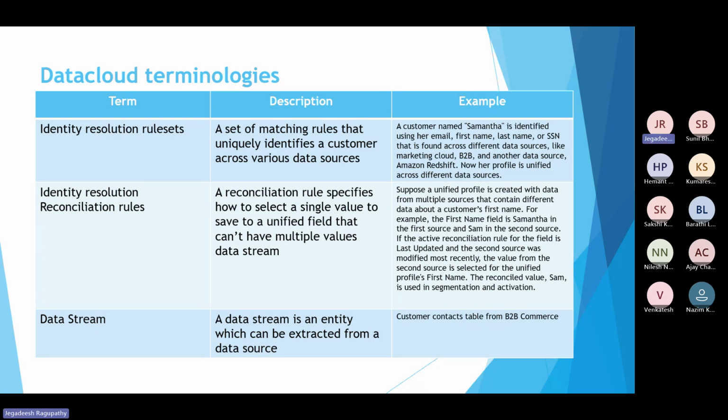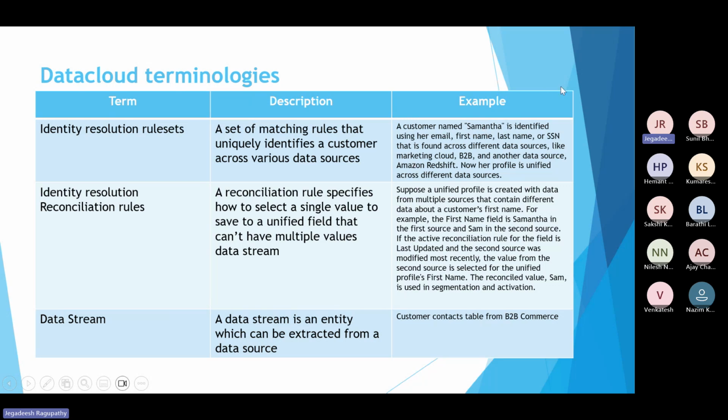Consider I have a data cloud where I have ingested my marketing cloud data as well as the B2B commerce data. The customer named Samantha exists in the marketing cloud environment as well as in the B2B cloud environment. I need to unify her details so that at one point of time I can get a 360-degree view of her records in a single page.